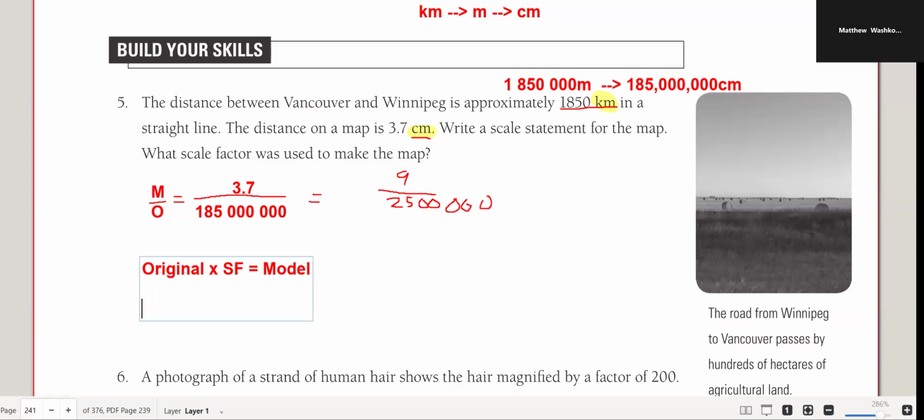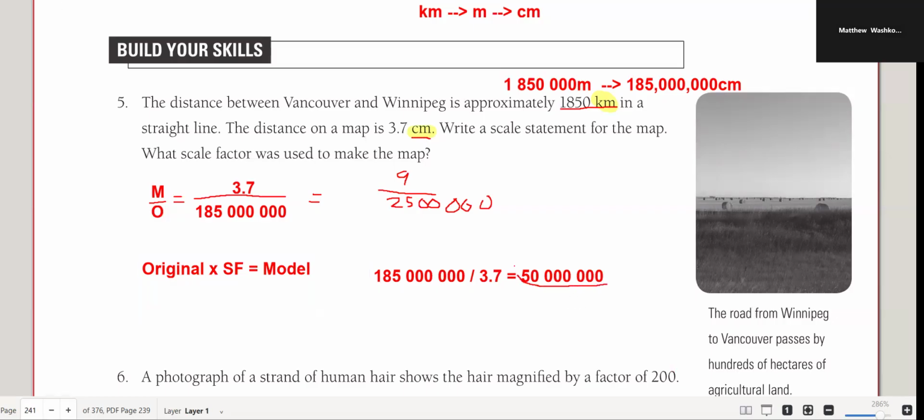I can kind of mix it up a little bit too. Another way of thinking about this is I can take my 185 million, I can divide it by my 3.7, and I'll actually get 50 million as a scale factor.